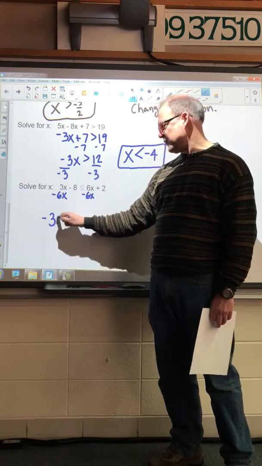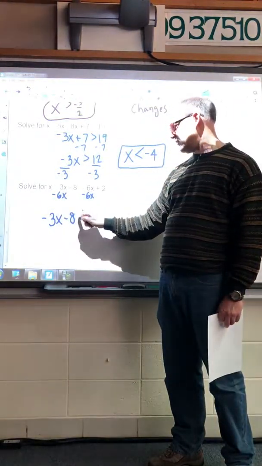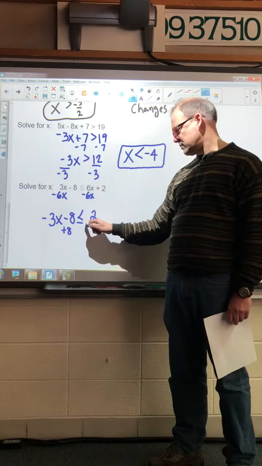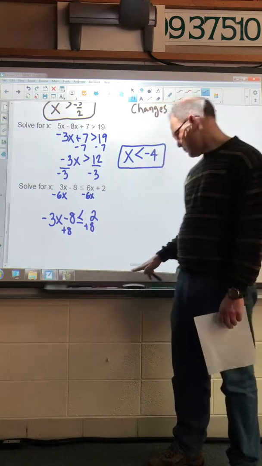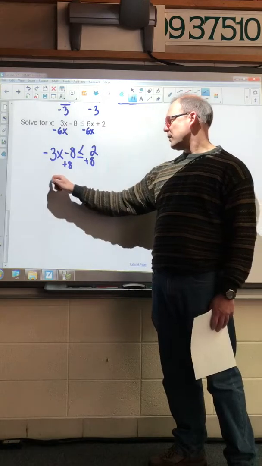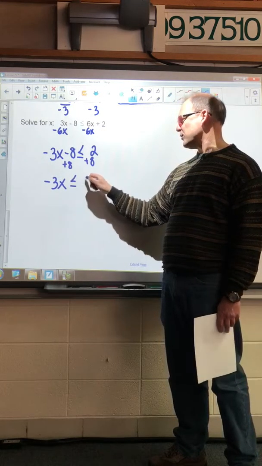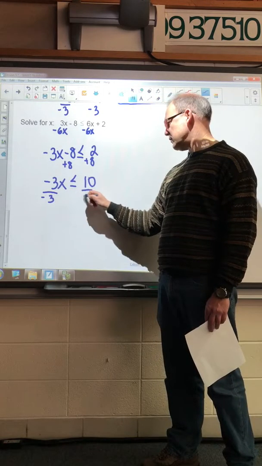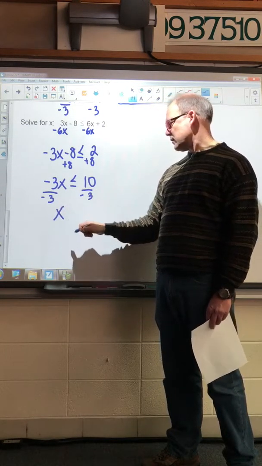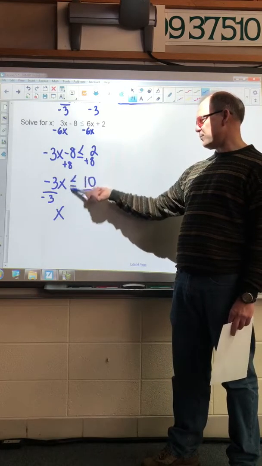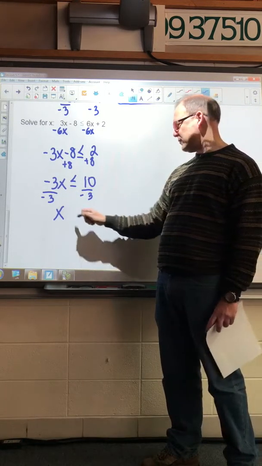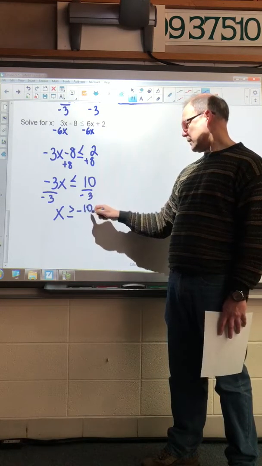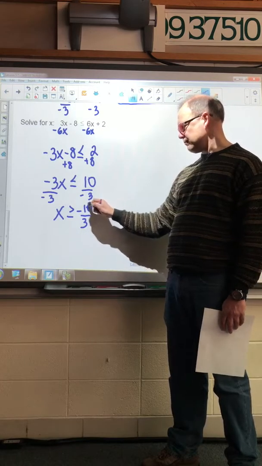So then you get negative 3x minus 8 is less than or equal to 2. Add 8. Negative 3x is less than or equal to 10. Divide by negative 3. So then here we need to flip the sign. Divided by negative, so x is going to be greater than or equal to, and we can just leave that as a fraction.